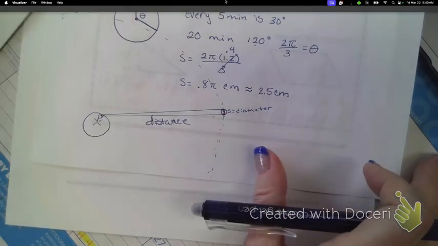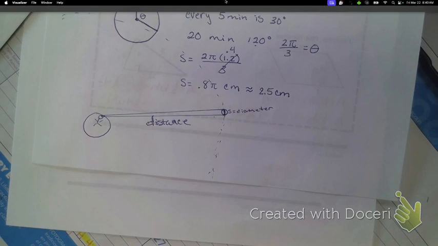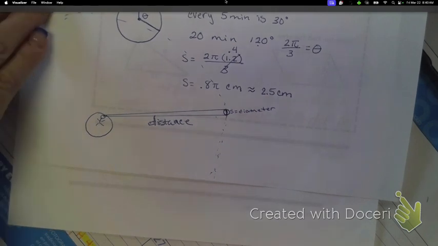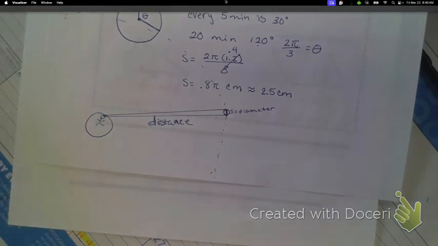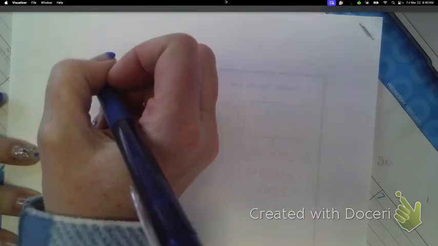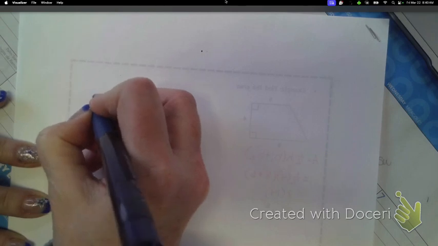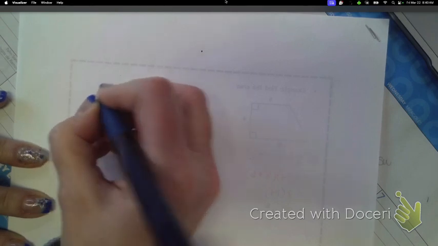So another example, and again, it's not any harder, you just have to think of it differently. This example is always the most fun to do. A person is standing on the earth, looking up in the sky.